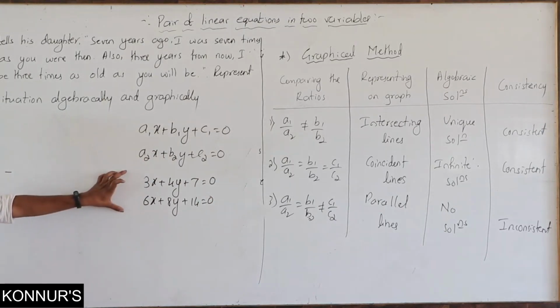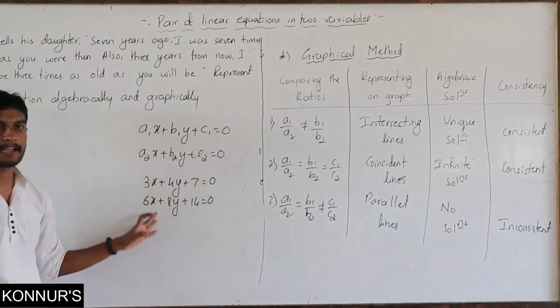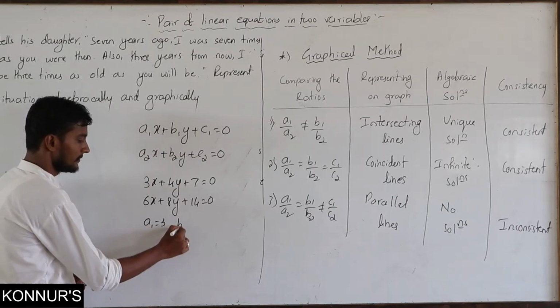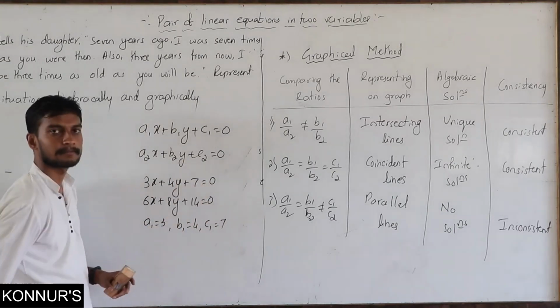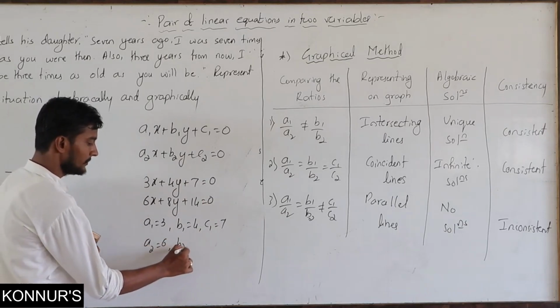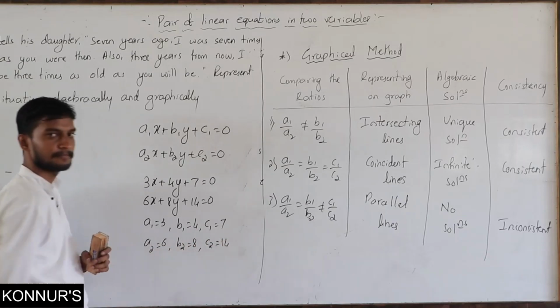In this example, let us see the coefficients. Here a1 is equal to 3, b1 is equal to 4, c1 is equal to 7, and a2 is equal to 6, b2 is equal to 8, c2 is equal to 14.